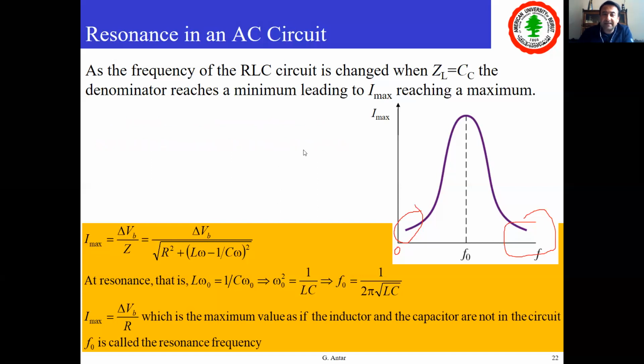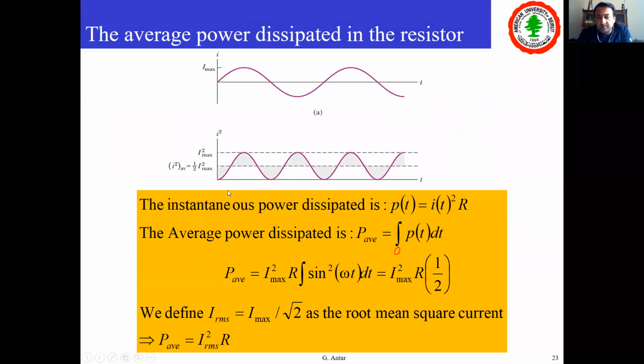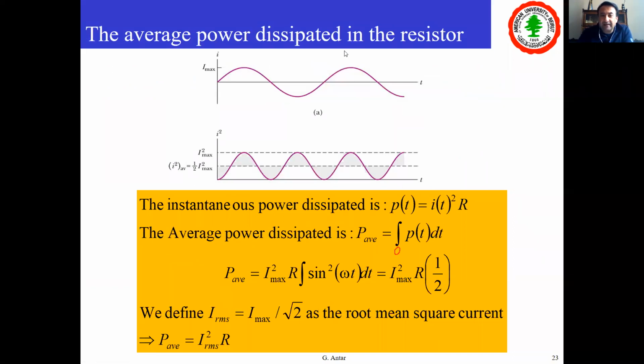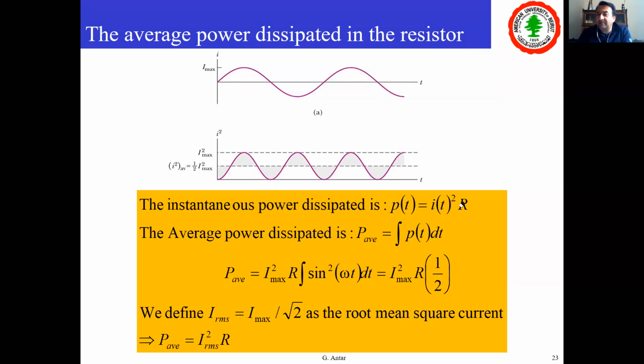So that's the end of this part. Of course, there are many applications. For example, here you can see the average power dissipated. The instantaneous power dissipated, P of t, is equal to I(t) squared multiplied by R. This is the power lost.